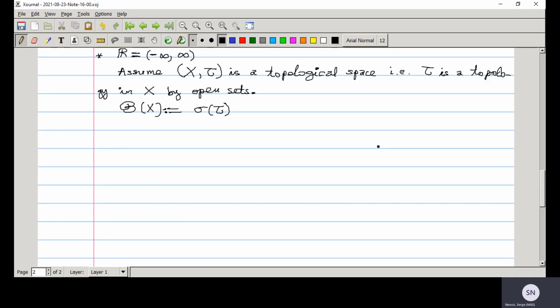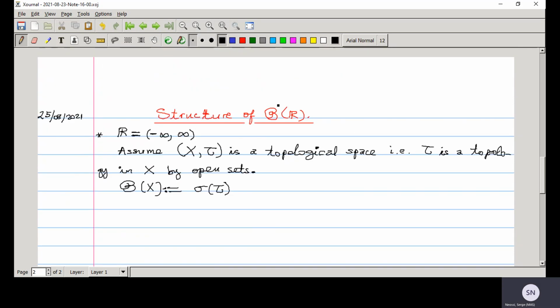And this is important to know. I'm going to show that. So I will first define it here. I already said that for BR, we just take X equal to R and tau the topology on R, and then it will generate that, right?